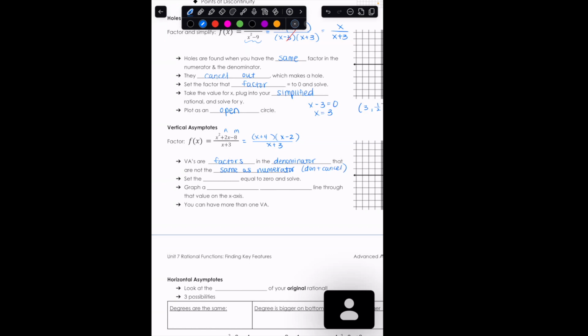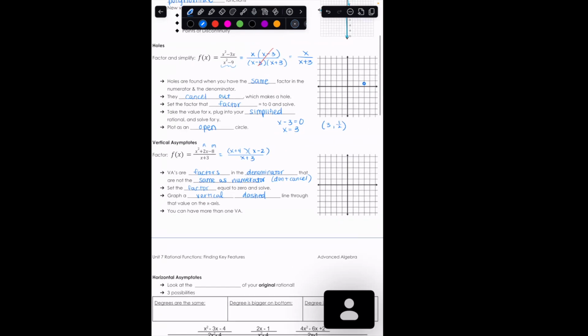Okay, so we're gonna set the factor equal to 0 and solve. Graph a vertical dashed line through that value on the x-axis, and then just note that you can have more than one vertical asymptote.